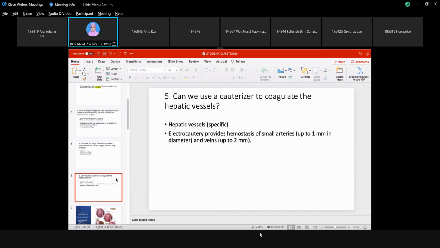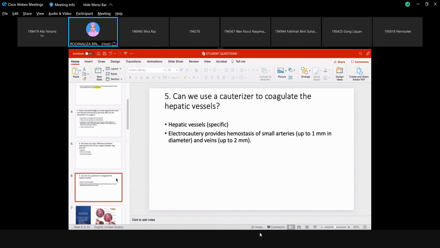If it goes to larger vessels and arteries, you definitely need ligation using sutures or clips. We don't want to overuse the cauterizer because it can cause thermal injury. When you have thermal injury, you probably have poor tissue healing because the burnt part will necrotize.